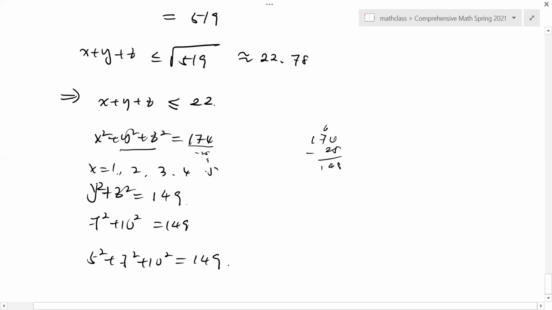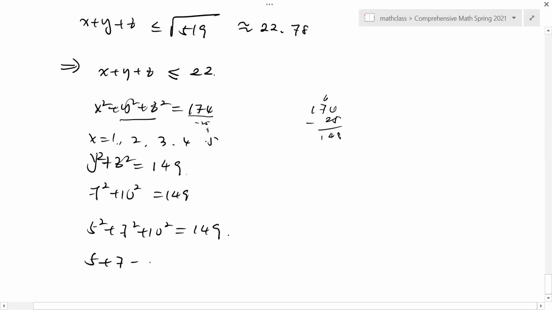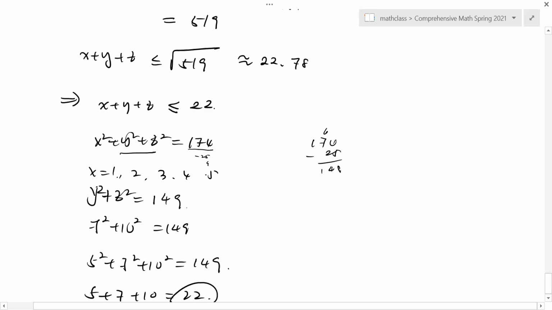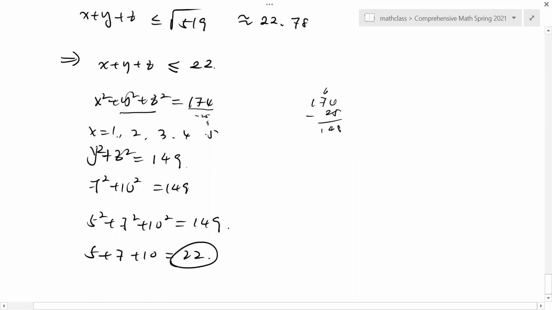Okay, so the sum is already equal to 22. So that is good enough, because if I did not do the analysis at the very beginning, I could not tell this would be the answer I want, because maybe I have another set of special solutions so that the sum is going to be greater than 22, right?